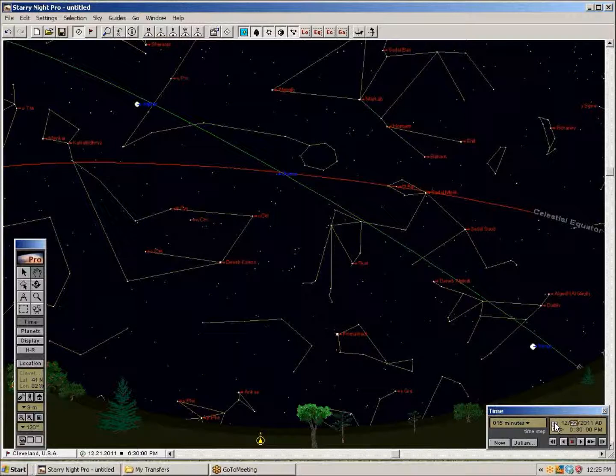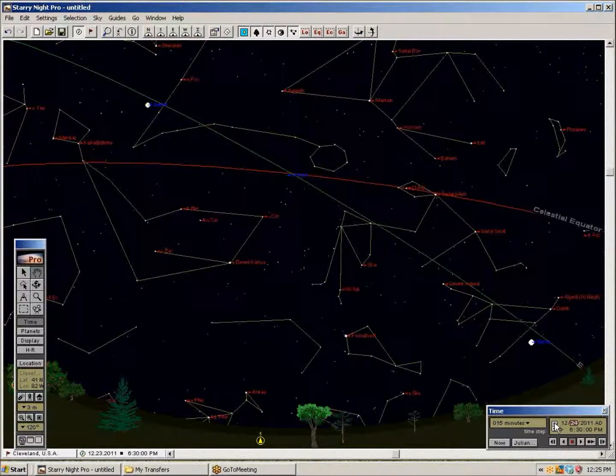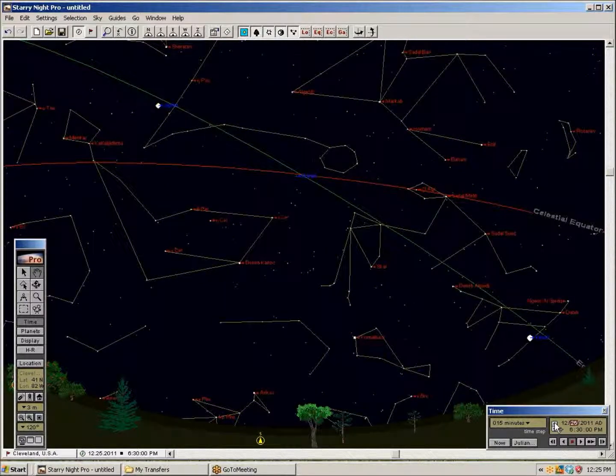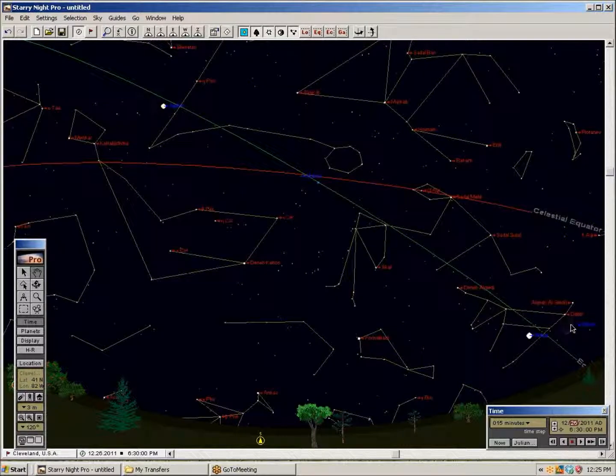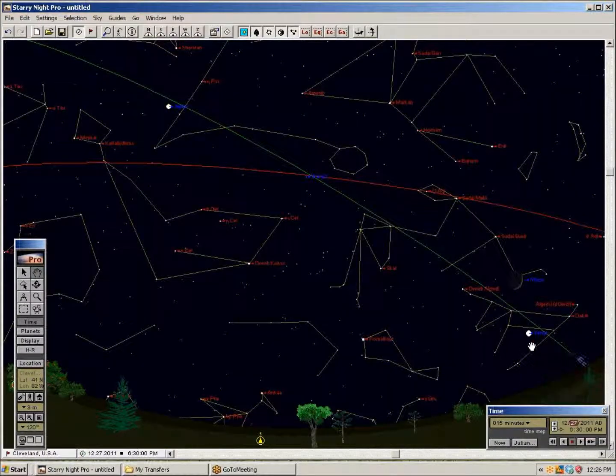Here's the night of the 22nd, the 23rd, the 24th, it's Christmas Eve, 25th, 26th. On the 26th, you'll see Venus just left of a crescent moon, the new moon occurring on the 24th.